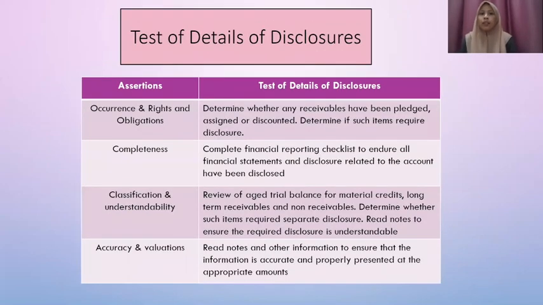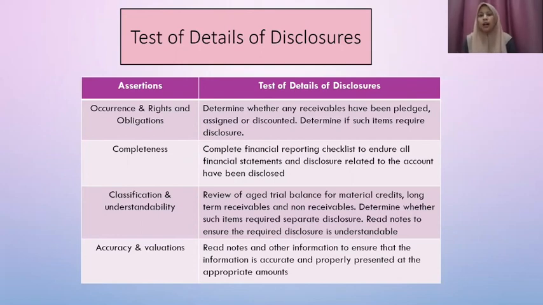And lastly, the test of details for disclosure. Firstly, for the assertions of occurrence and rights and obligations, the auditor can determine whether any receivables have been pledged, assigned, or discounted.